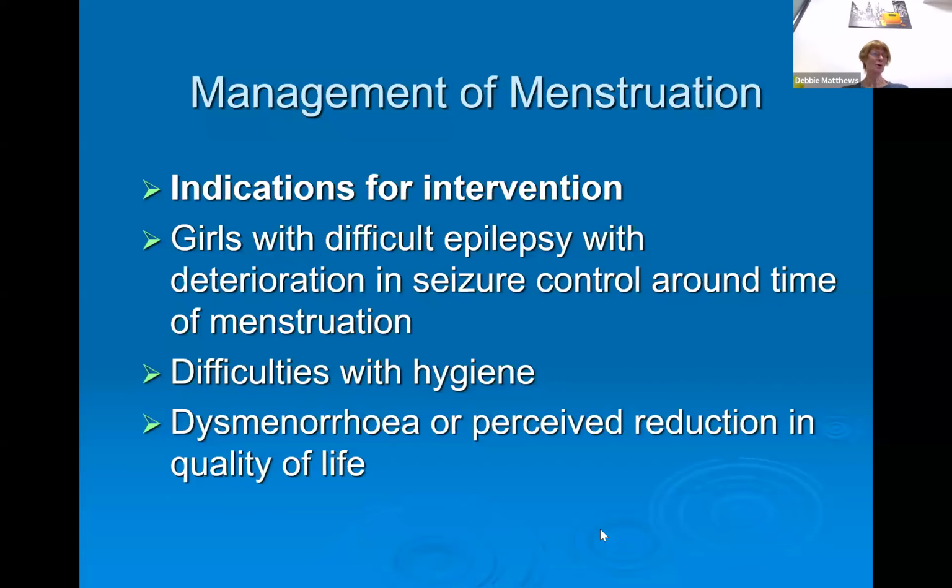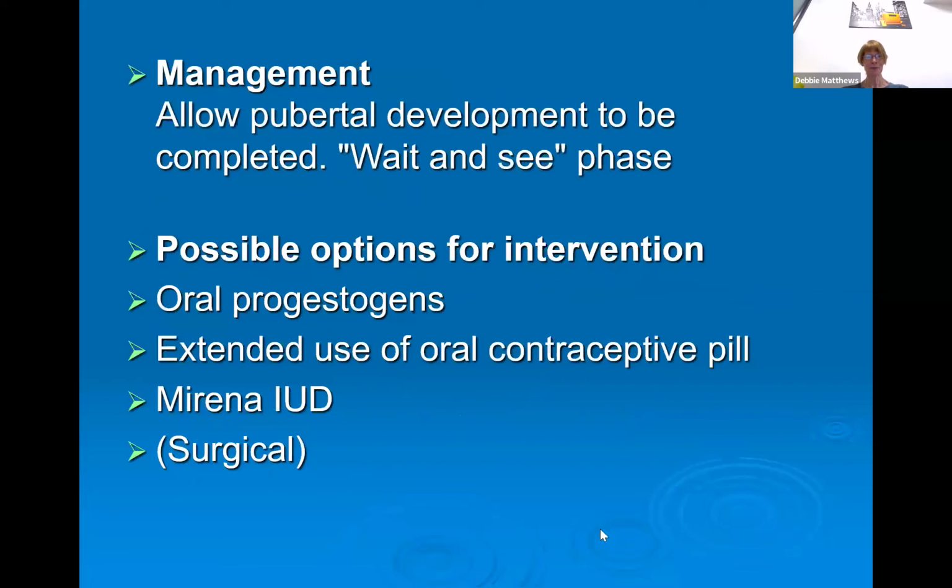And then perhaps much more importantly is painful, heavy periods, these girls going through all these difficulties and having a perceived reduction in their quality of life, recognizing that these girls are probably not going to have pregnancies themselves and that their life expectancy may well be significantly shorter than their healthy peers.